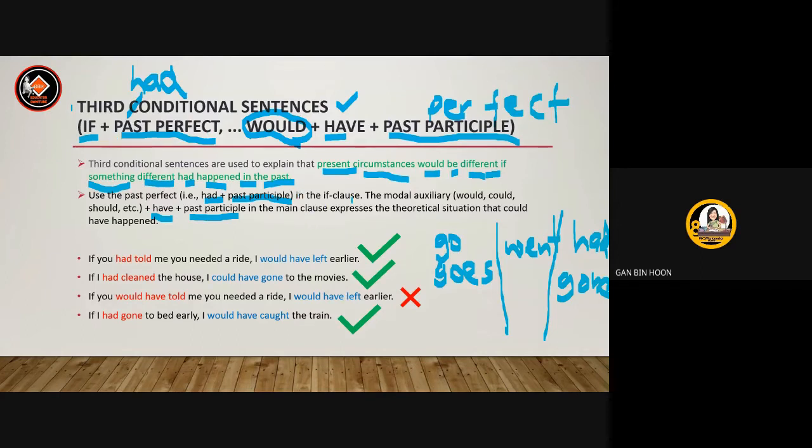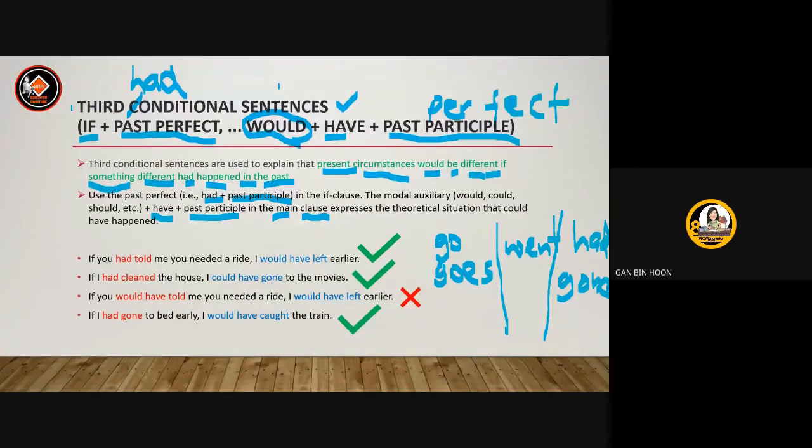Teacher, apa clause ni? Clause adalah bermaksud separuh sebahagian ayat. So, ayat yang ada if, dia dipanggil if clause. Tapi ayat yang lebih panjang ni dipanggil main clause. Main clause bermaksud ayat utama. So, conditional sentences adalah ayat yang ada dua bahagian.